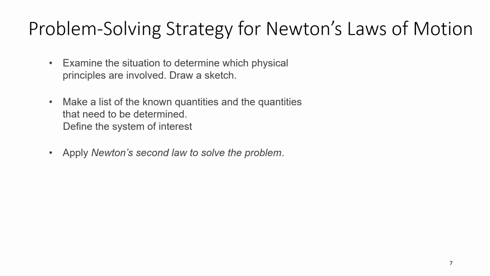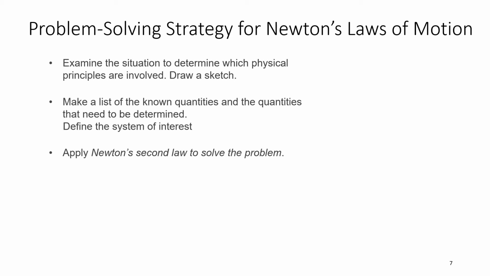Once a free body diagram is drawn, Newton's second law can be applied to solve the problem. If the problem is two-dimensional, then it must be broken down into two one-dimensional problems. Before you write net force equations, it is critical to determine whether the system is accelerating in a particular direction.